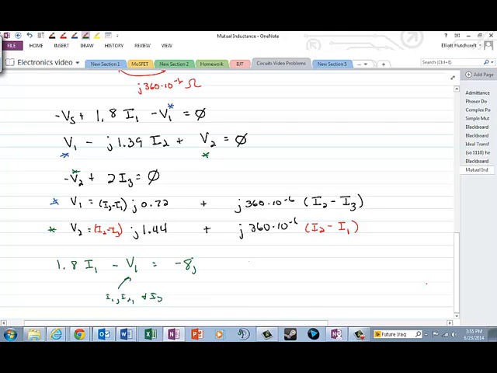And then my second equation will be V1 minus J 1.39 I2 plus V2 equals 0. And then I'll have minus V2 plus 2 I3 equals 0.